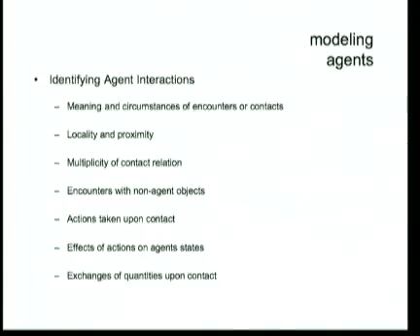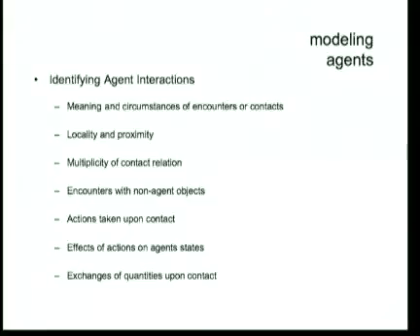So the encounter occurs, actions are taken, and the states of the agents or their state variables are changed. Now, one of the issues that's a practical issue in simulation is determining synchronization of action. If you have agents encountering one another, deciding which agent state should be updated and in what order sometimes is an issue.